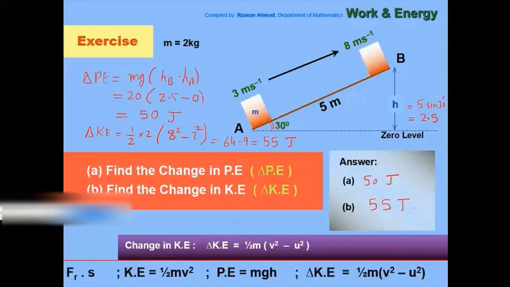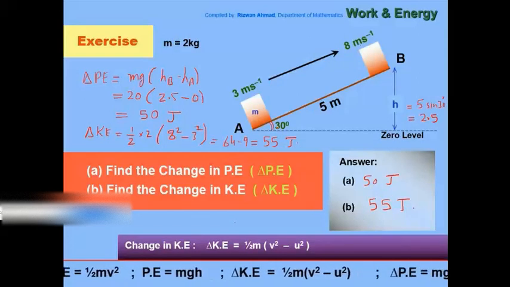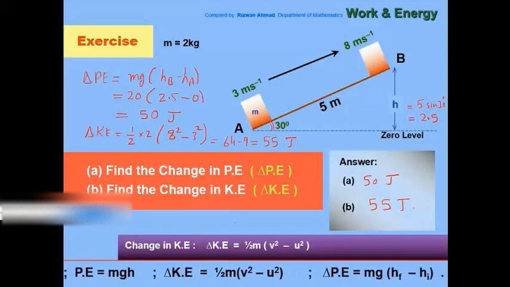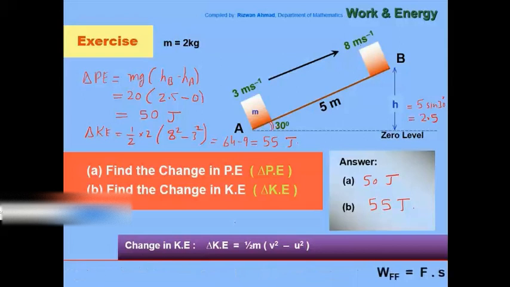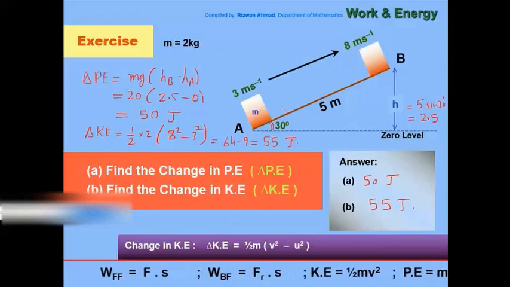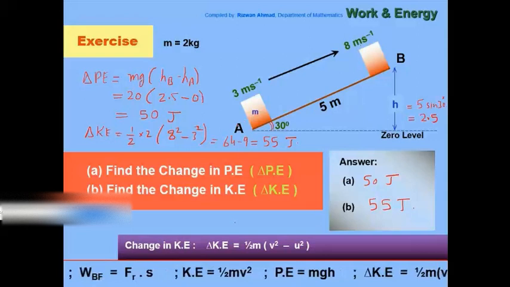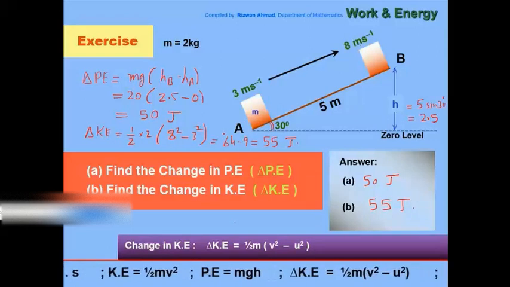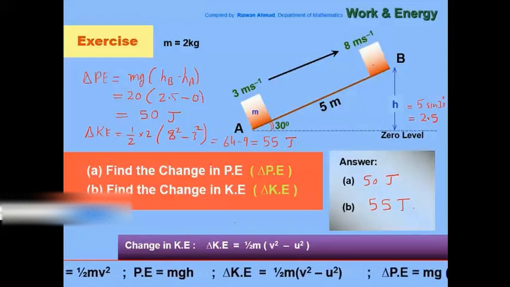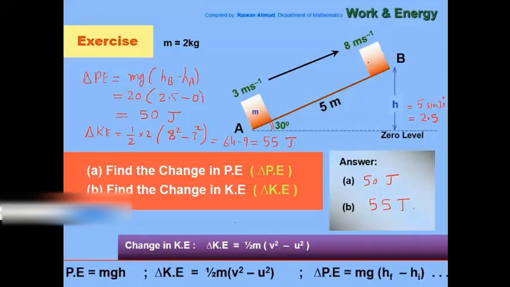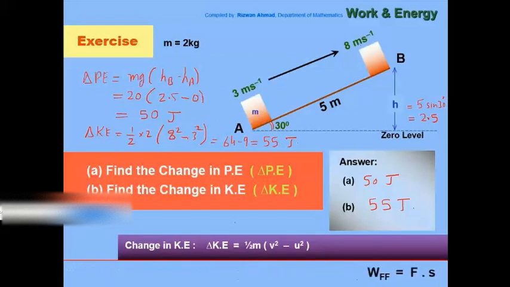Okay? So it means that some force is doing this work, 105 joule. So it means it needs some driving force which is bringing it from point A to point B. Okay, so if the change in the energy is zero, it means no external force is applied to the object. So object is in the free fall situation.